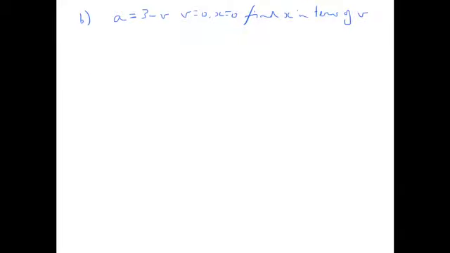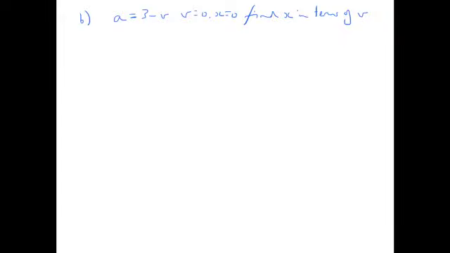This time we'll look at finding x in terms of v, given that a is 3 minus v, and you've got x equals 0 and v equals 0. So we're looking for x in terms of v, which means we need to anti-differentiate.